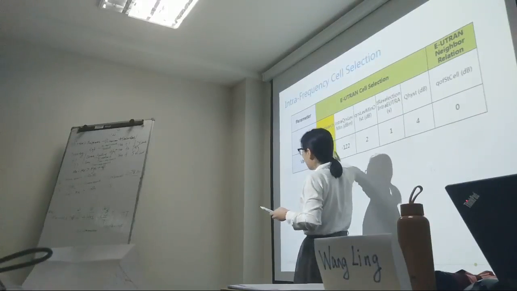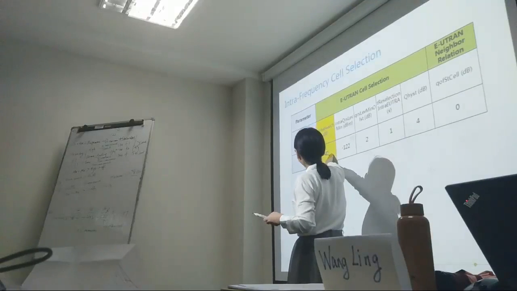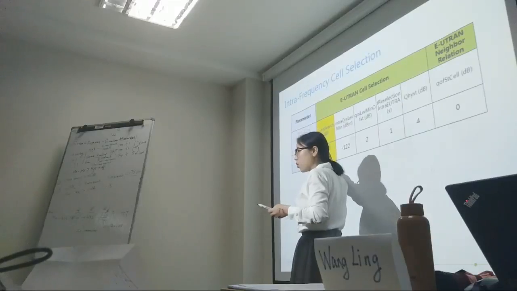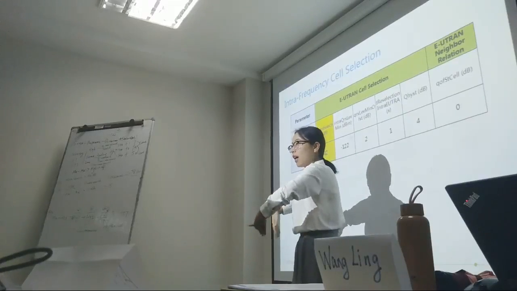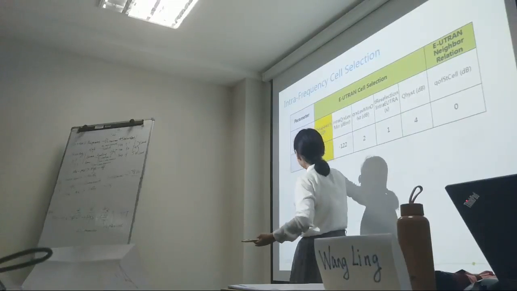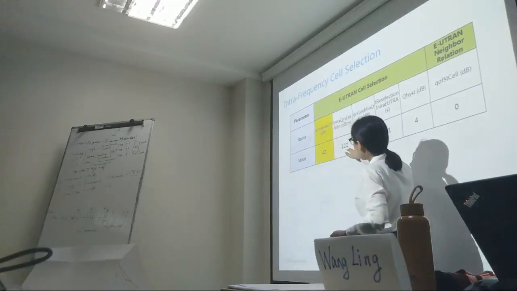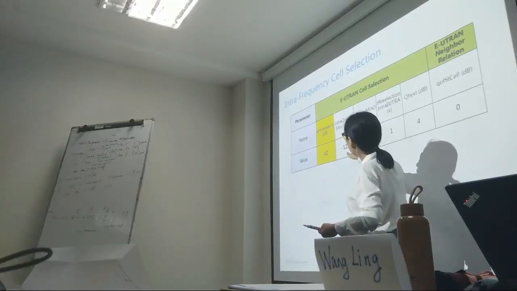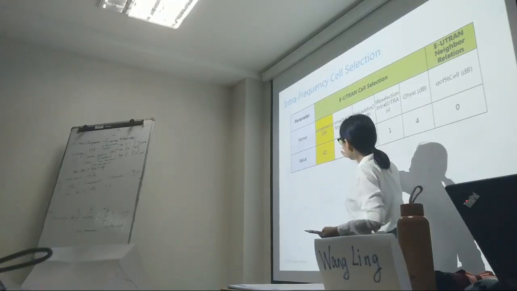For the serving cell, I will get which one? I need to perform the measurement. This is for the serving cell. This is also for the serving cell.